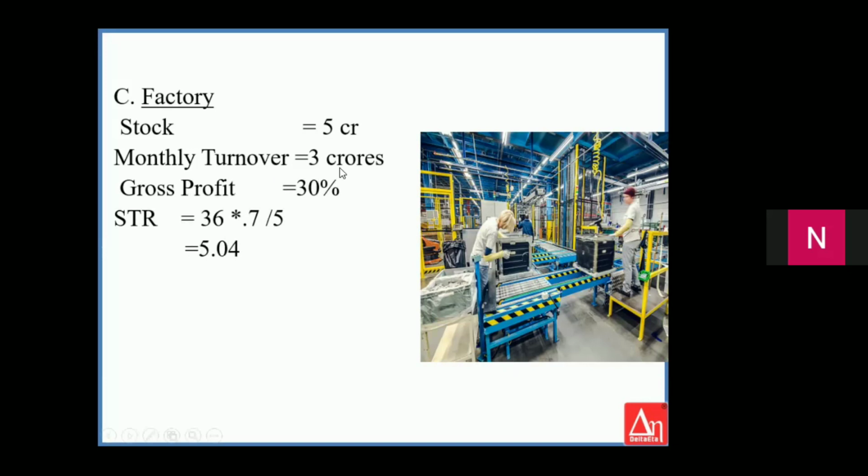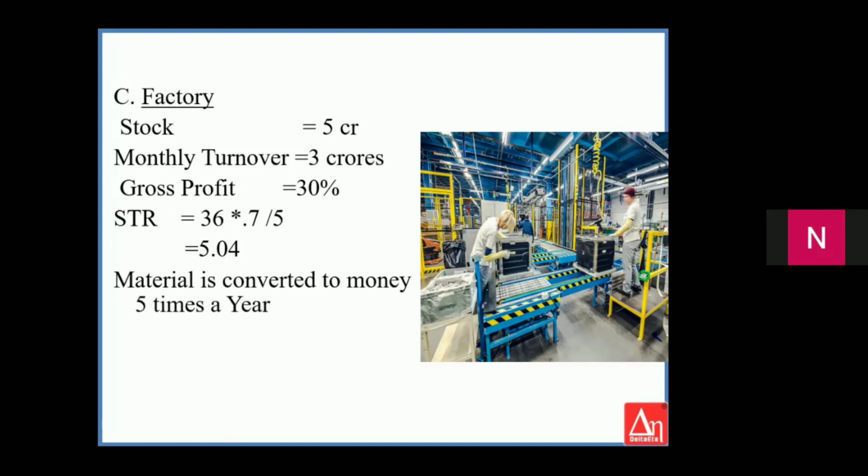How does it come? 3 crores into 12, so annual turnover is 36 crores. You have a gross profit of 30%. So your COGS is 36 multiplied by 0.7, and then divide by the stock. Divide by 5, you get 5.04. So your STR is 5.04.